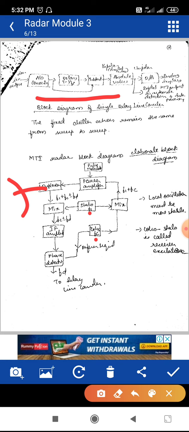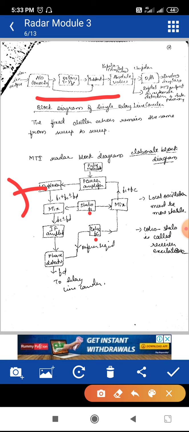Now when we detect the phase of the signal or Doppler phase shift, the reference signal we use is from the coherent oscillator, therefore the name COHO. We use this at the receiver side as a reference signal to detect the Doppler phase shift. So COHO stands for coherent oscillator.